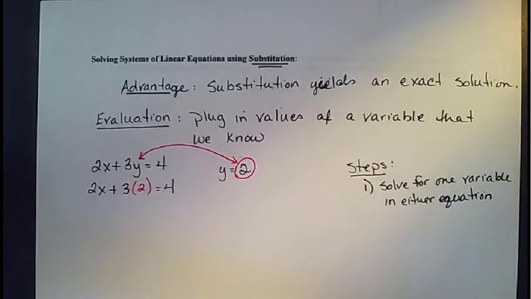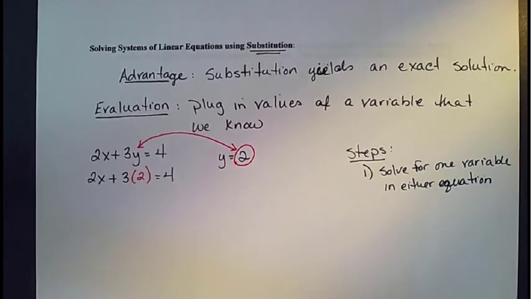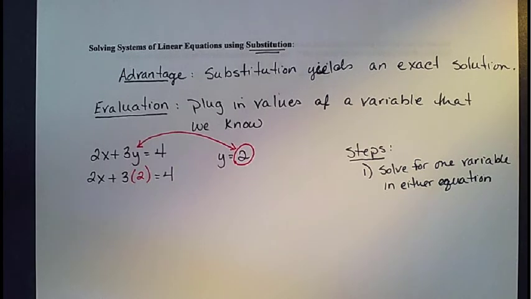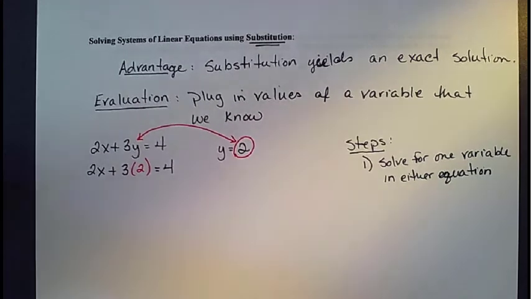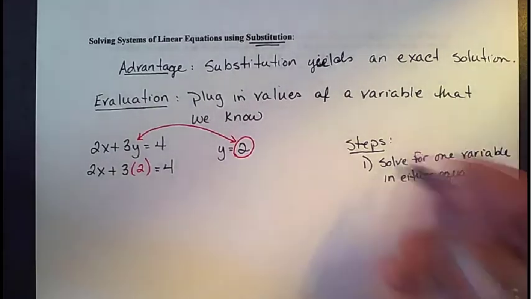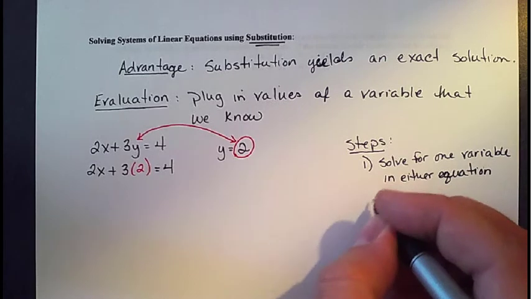The first is that you will probably want to solve for a variable that's already isolated. We'll go over one of those here in just a minute. Another option is try to solve for a variable that does not have a coefficient, because that's going to give you a non-fractional answer. There's no division that has to take place, so you won't get a fraction.